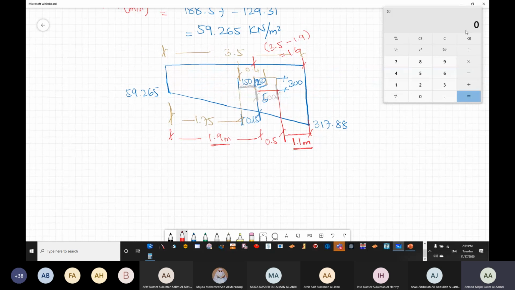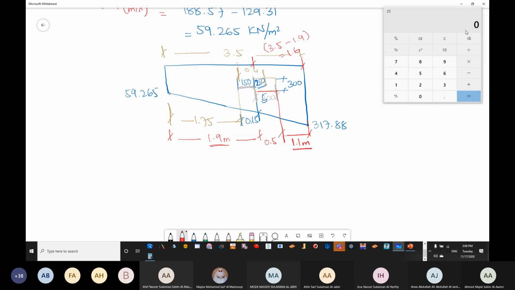Which part is small? 1.9 plus 0.5 is going to give you 2.4. 3.5 minus 2.4 will give you 1.1. Are we fine? Okay.